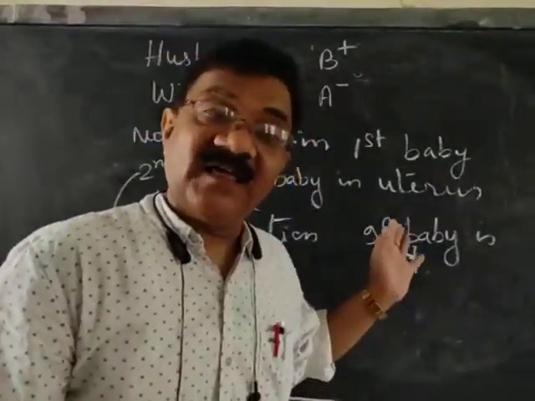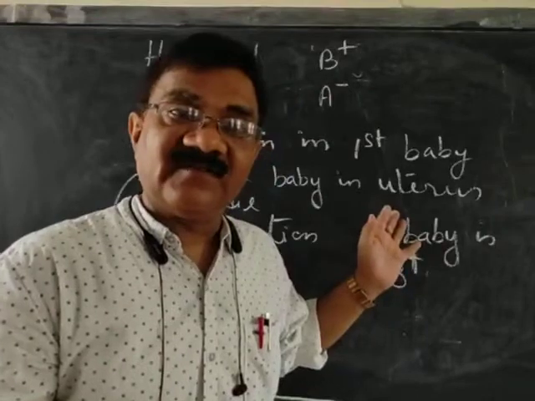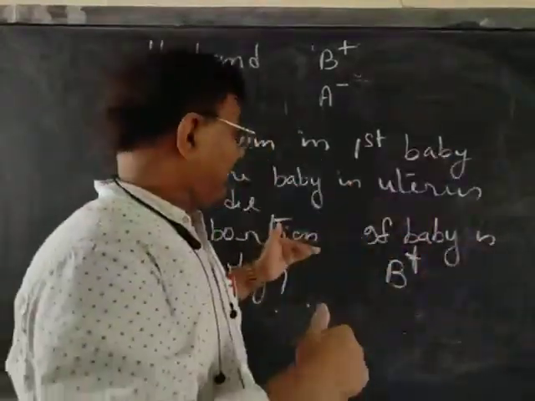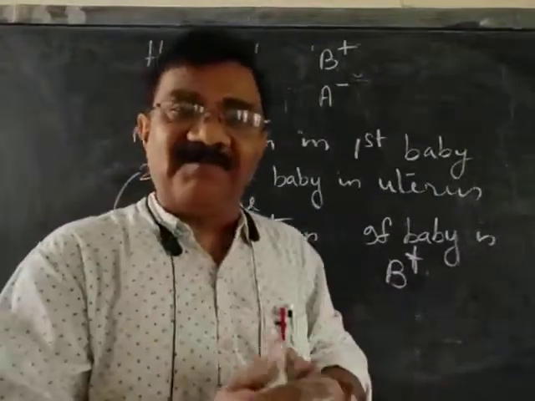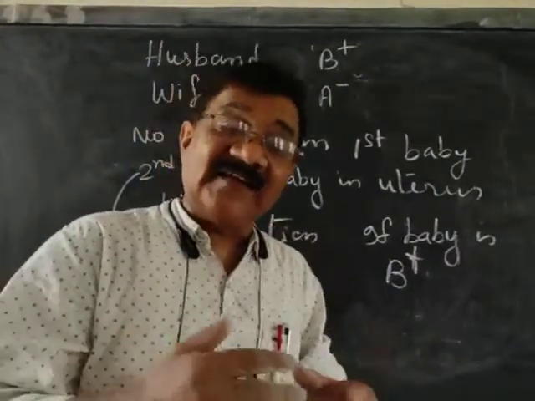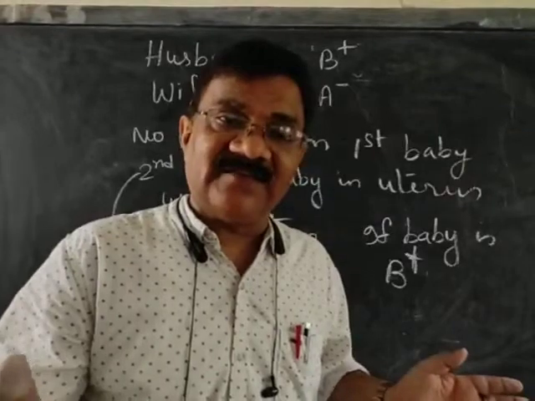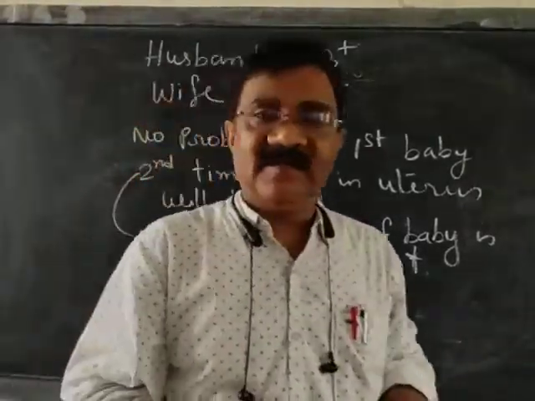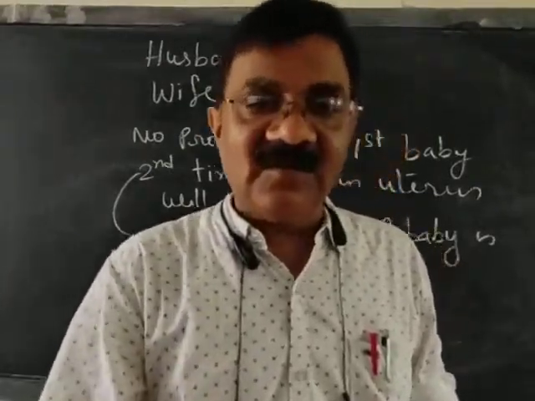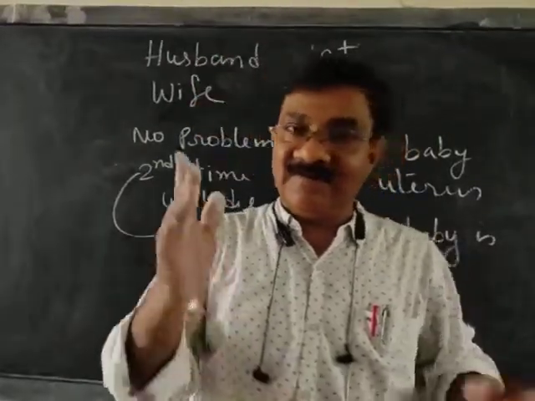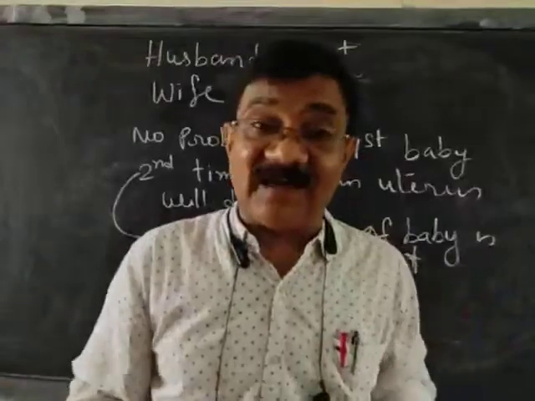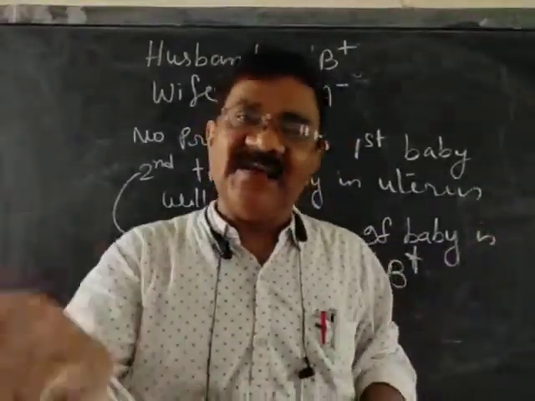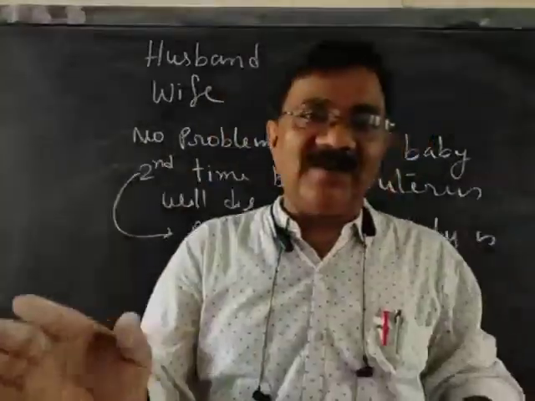Only the first time, it will become sensitized and develop antibody, and the next time when the lady conceives and becomes pregnant, that antibody will kill the cells, the embryo, and abortion will occur. Understood or not? So, before settlement of marriage, this medical certificate is far better compared to other things.